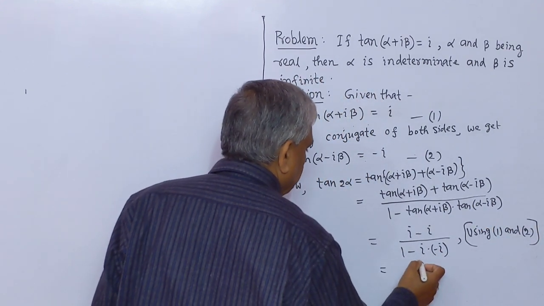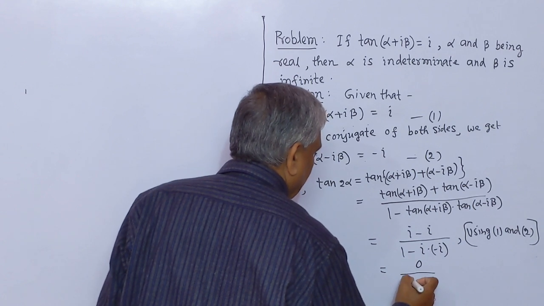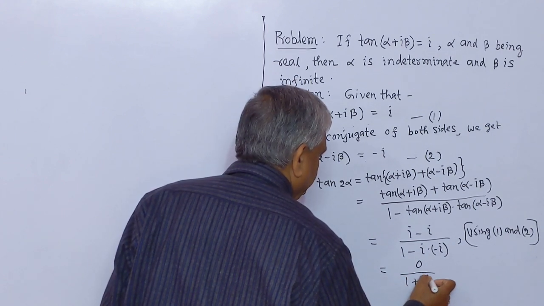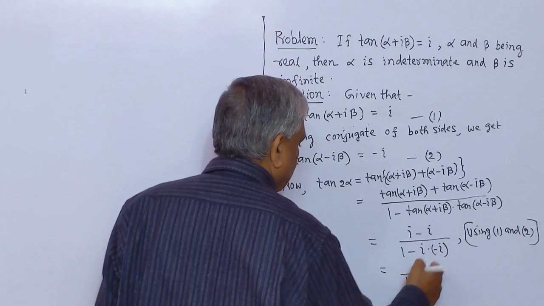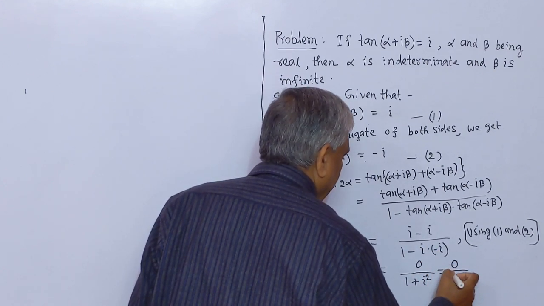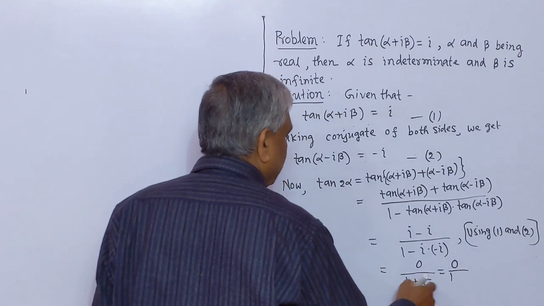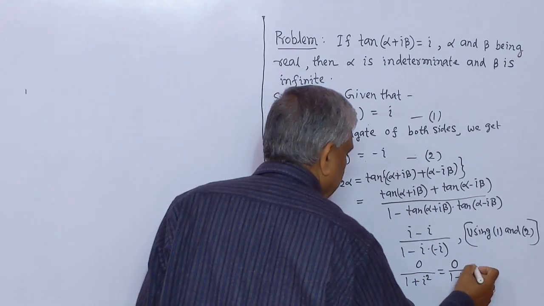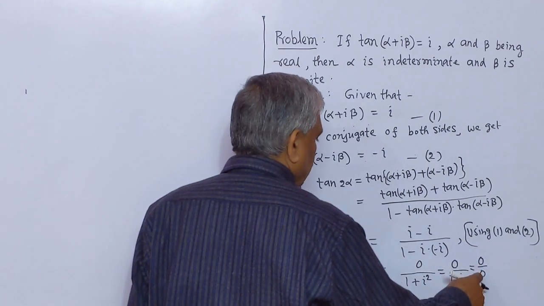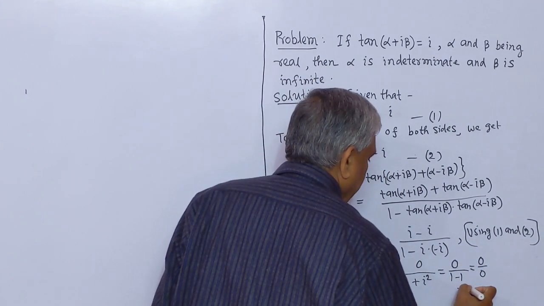This is equal to 0/(1 + i²). Since i² is −1, this is 0/0. Here 0/0 is indeterminate.